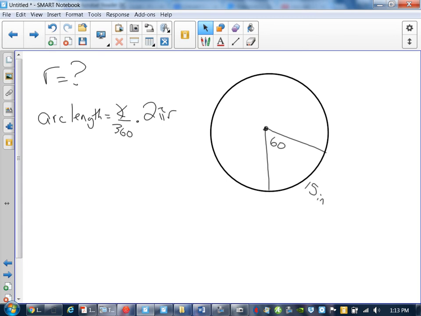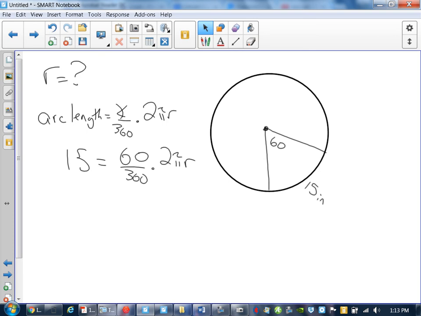And again, you'll notice you know two of the three variables. Fill them in. So, one of two things you can do.